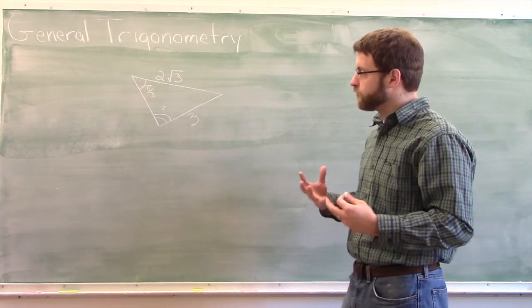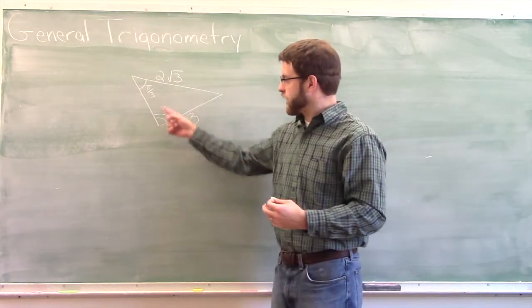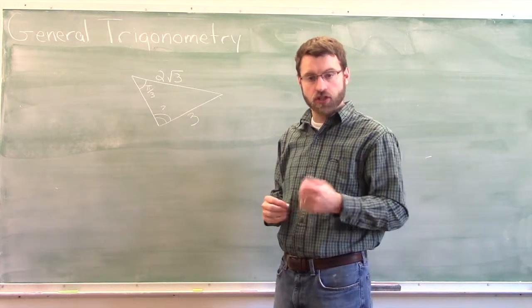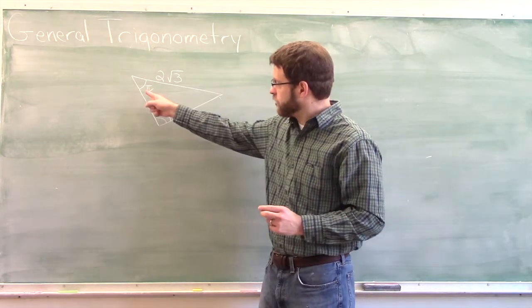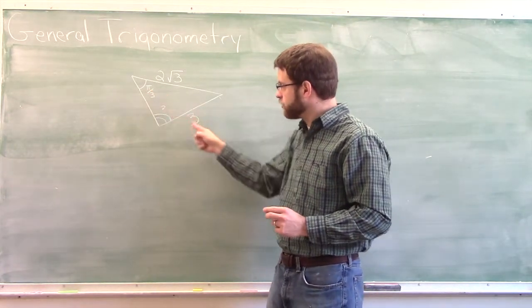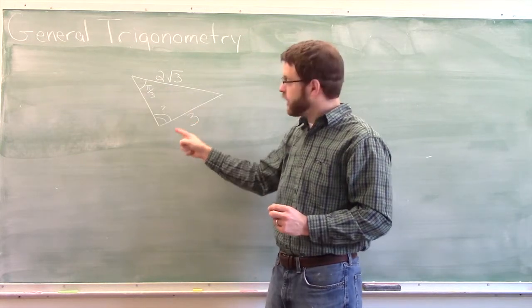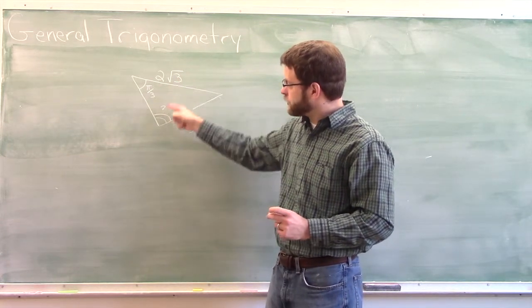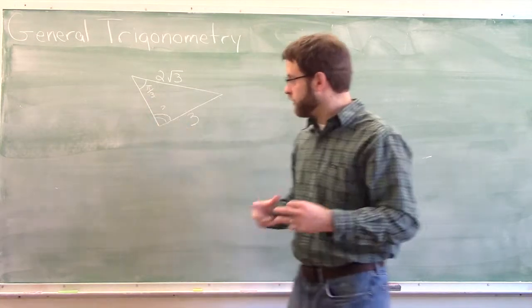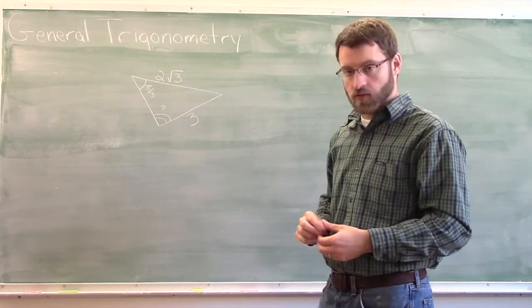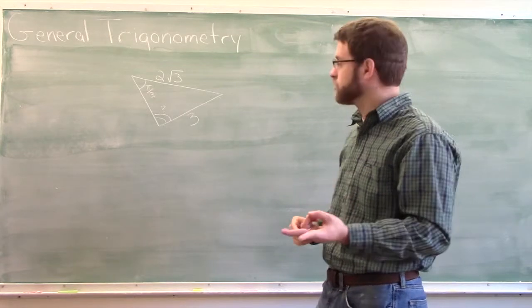So if we want to deduce this angle, the law of sines is a nice choice because we have a side and angle pair which are opposite one another, and we also know the side opposite to the angle that we're trying to find. So we have information that involves two angles, so we can use the law of sines.